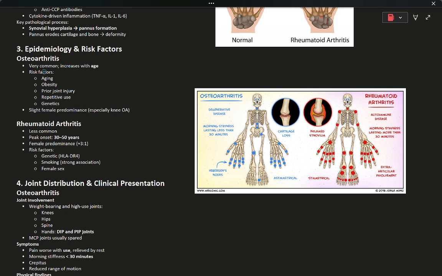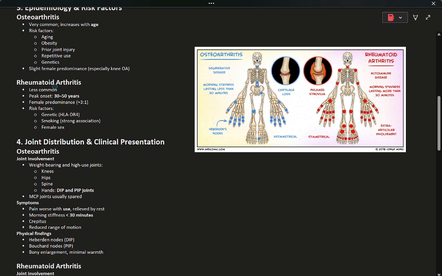And so the risk factors to watch out for include aging, obesity, prior joint injury, repetitive use such as in prolonged exercise, and genetics. Another interesting thing about osteoarthritis is there is slight female predominance, especially in the knee, where more females than males are susceptible to this condition.